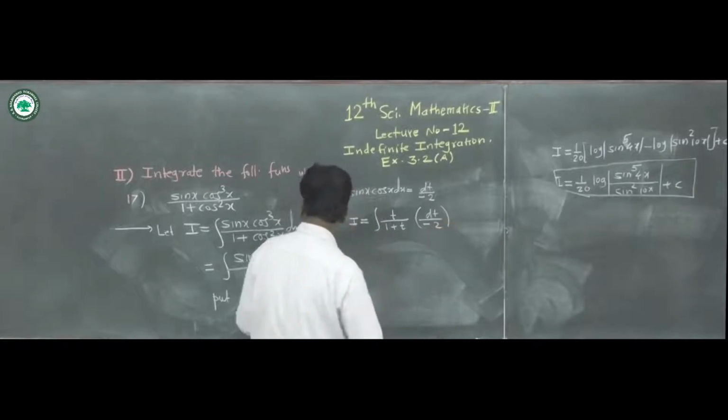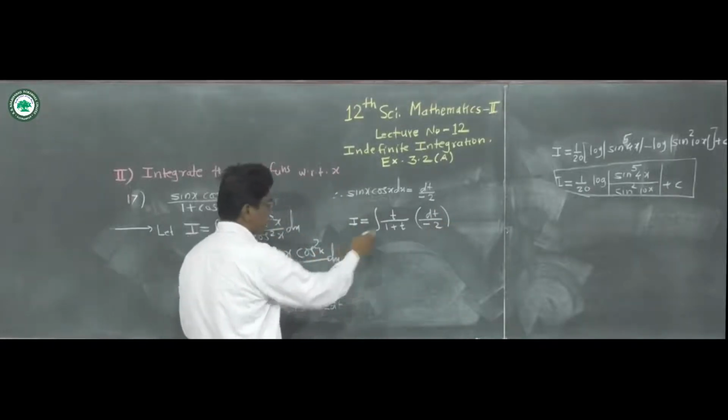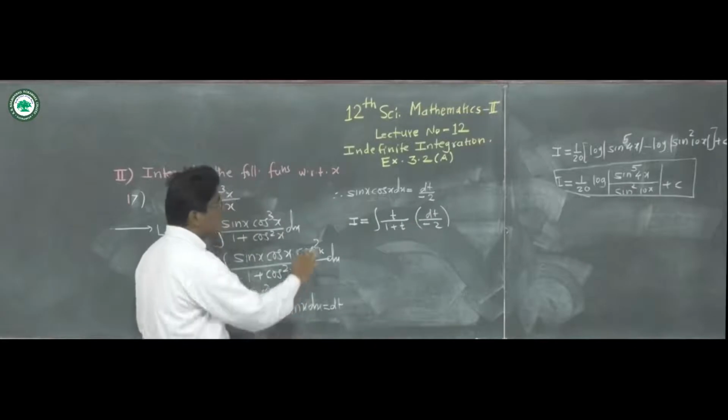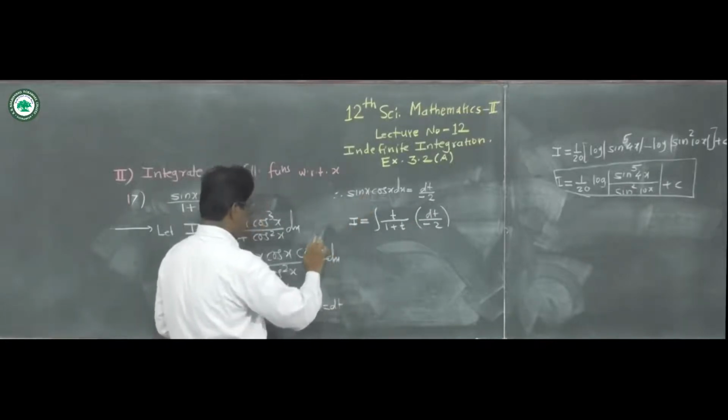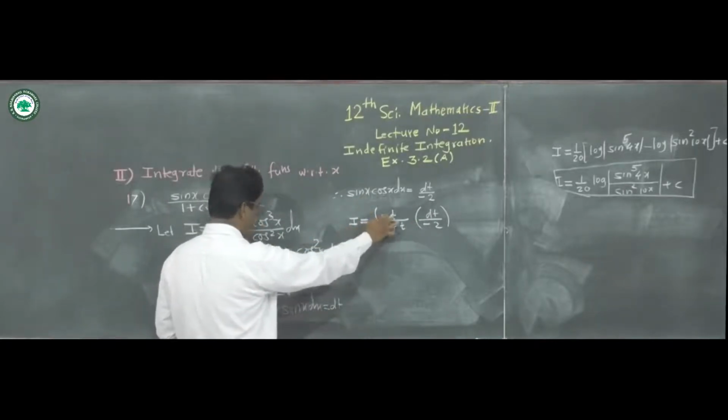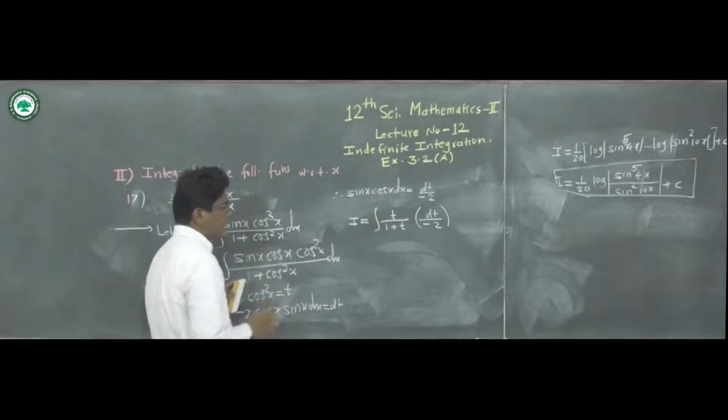Get it? Cos square x as t, and 1 plus cos square x as 1 plus t.